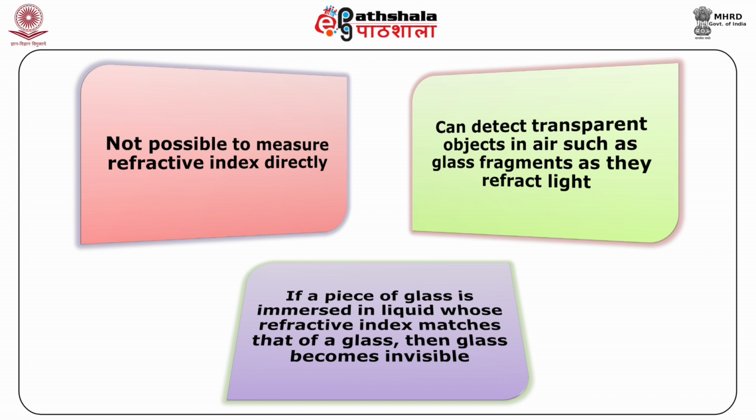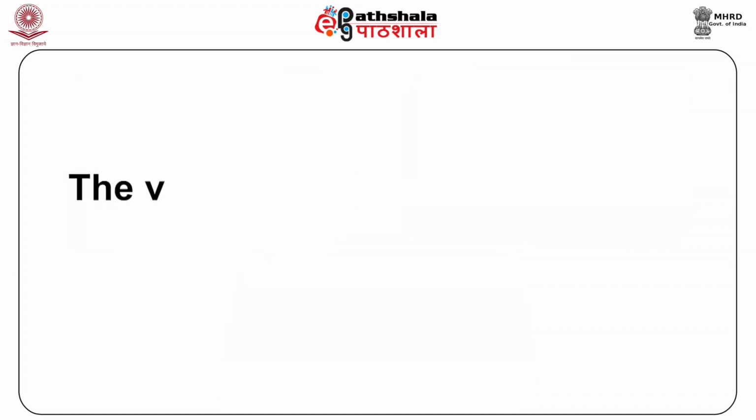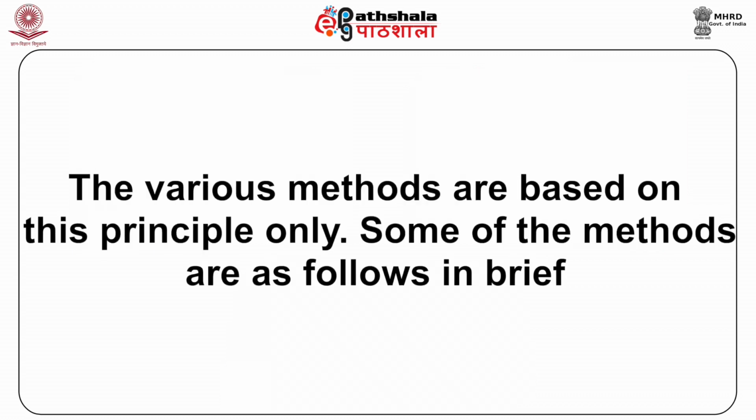If a piece of glass is immersed in a liquid whose refractive index matches that of the glass, then the glass becomes invisible, as the light that passes through the glass would see the same refractive index. The various methods are based on this principle only. Some of the methods are as follows in brief.